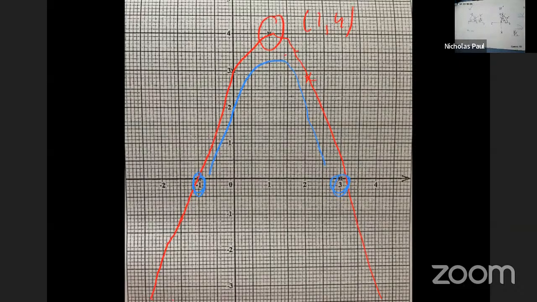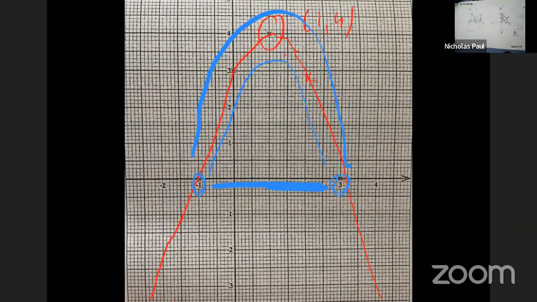Yes. Every x value between here will give you a y value on top here. So the answer is between -1 and 3.